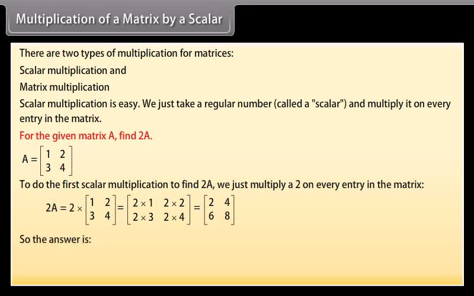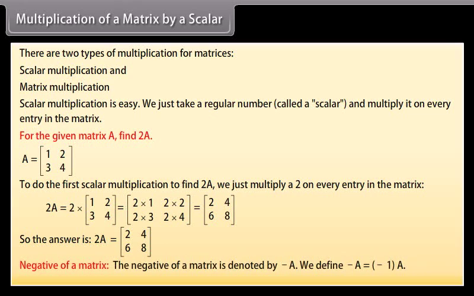So the answer is 2A equals the matrix with first row 2, 4, second row 6, 8. Negative of a matrix. The negative of a matrix is denoted by minus A. We define minus A equal to minus 1 times A.